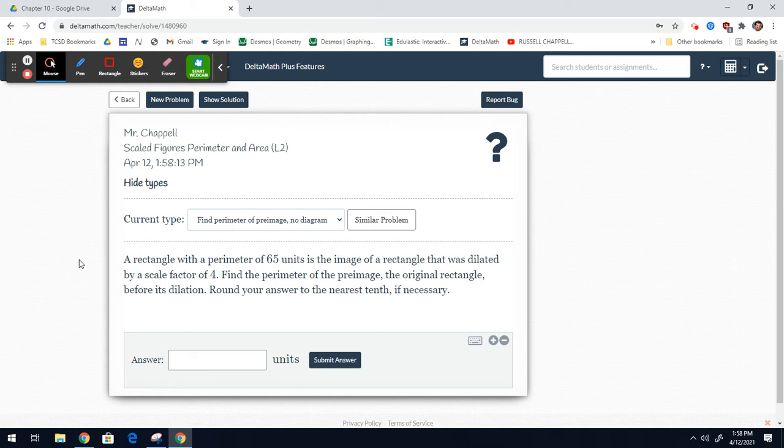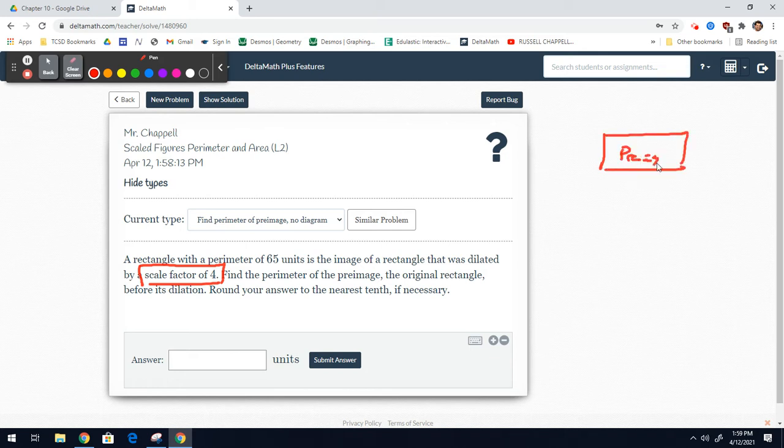Now, in these problems, sometimes you're looking for the preimage, sometimes you're looking for the image. I chose the preimage ones because I think they're more difficult, and I want to show you them, okay? So in this problem, we had this original preimage.